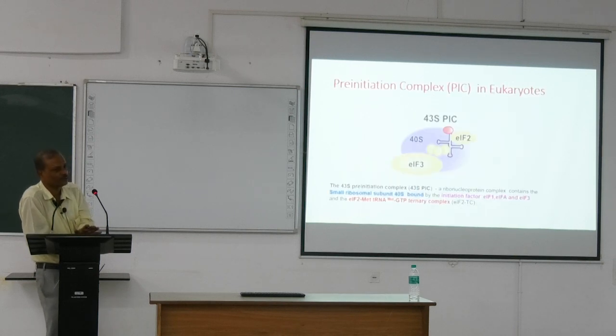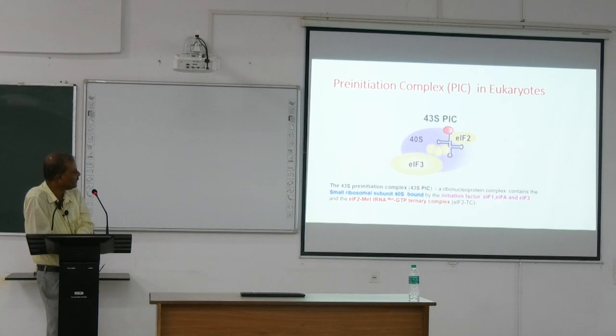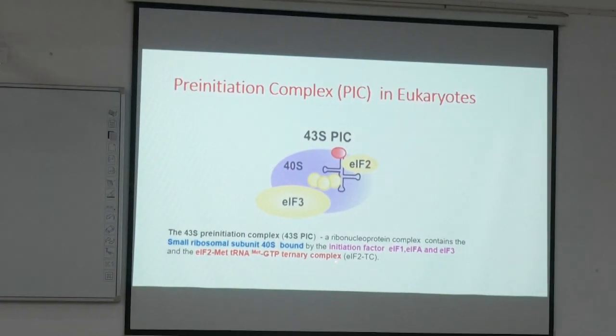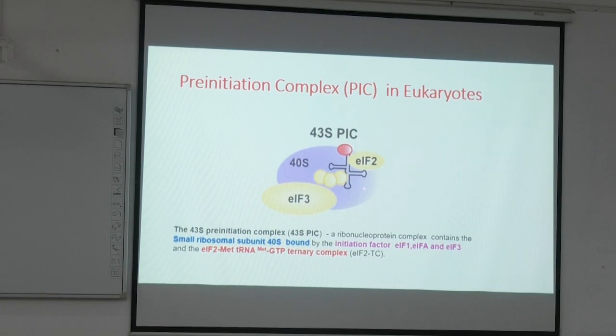So the pre-initiation complex is basically formed by the 40S ribosome in combination with initiation factors 1, eIF1A and eIF3. The small ribosomal subunit 40S is bound, and the eIF2 methionyl tRNA GTP ternary complex, which I told you about, forms the pre-initiation complex.